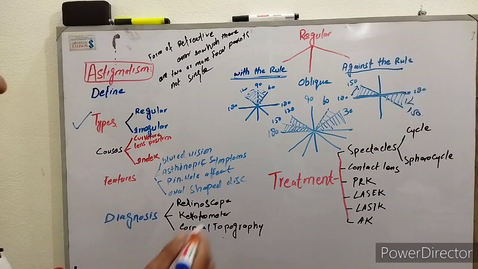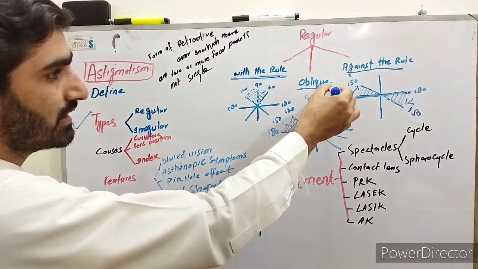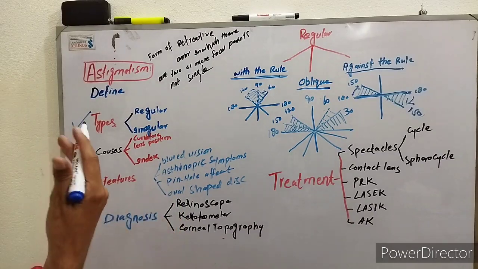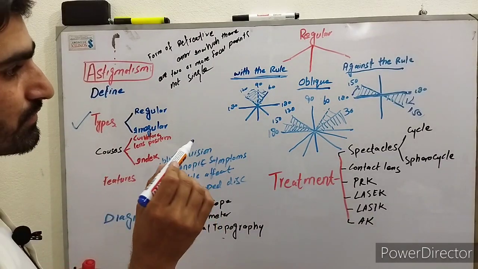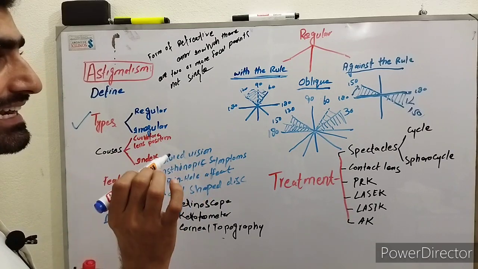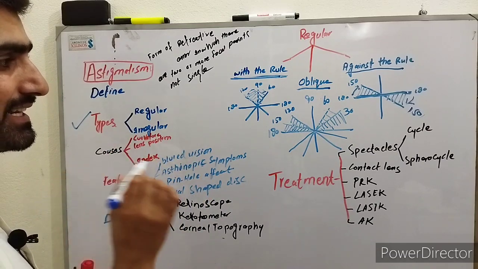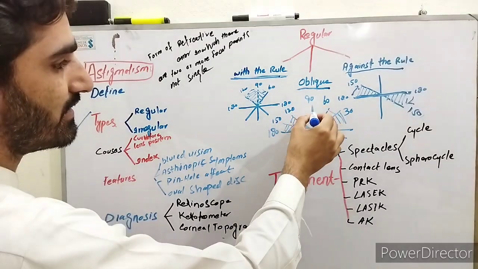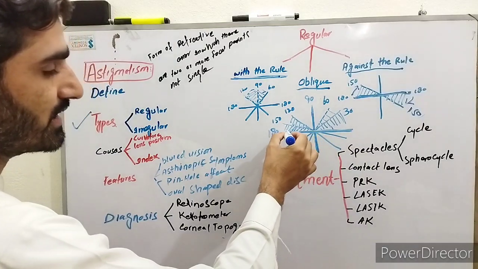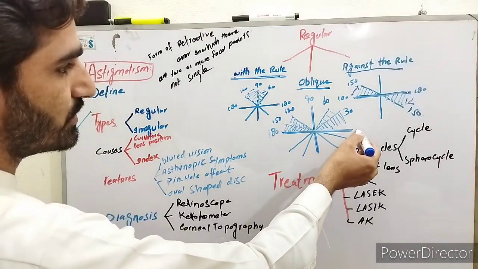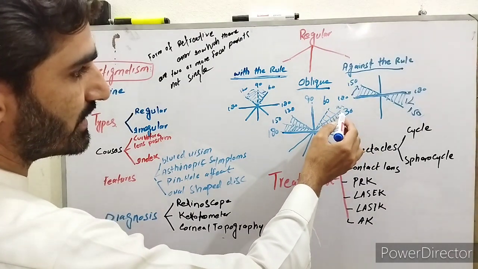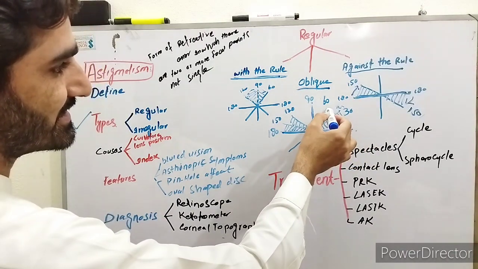Third one is oblique astigmatism. If the axis lies 15 degrees from the central point of 90 or 180. What is the central point? The central point from 0 to 90 is 45 degrees. Now it is at 30 here, here is 60.